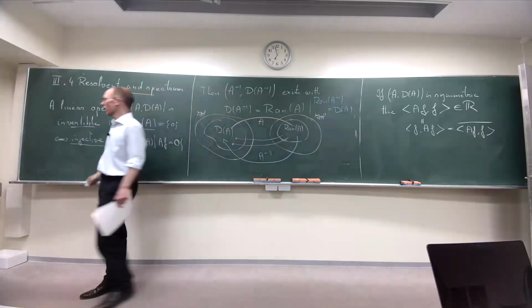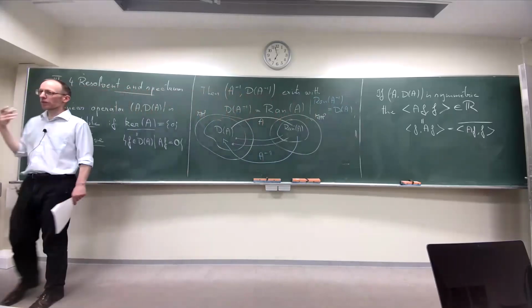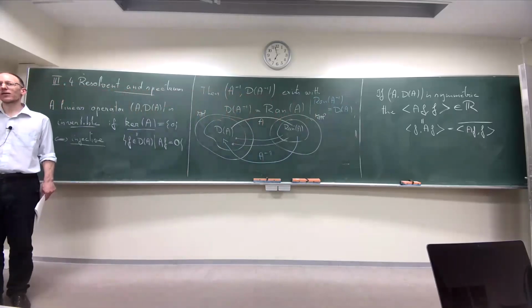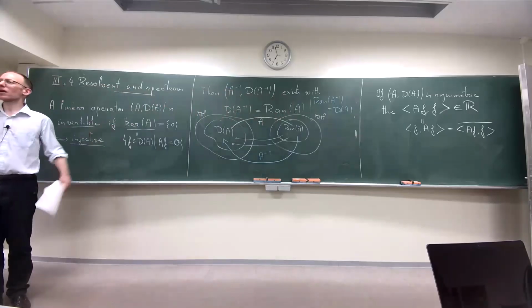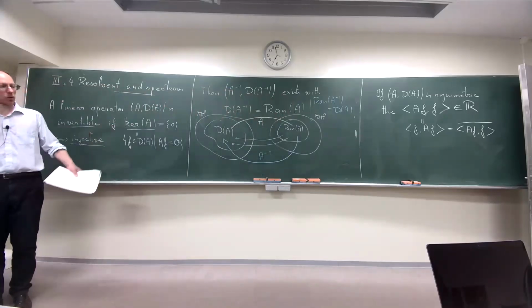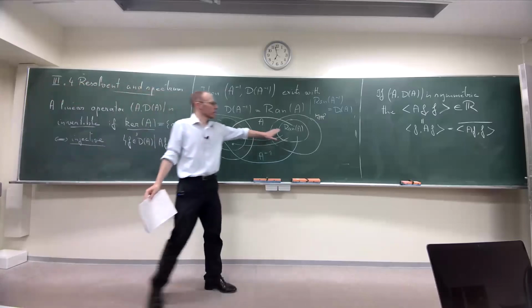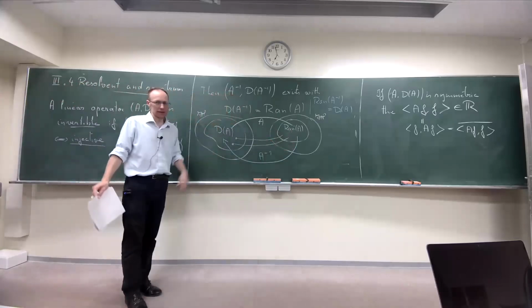This is the same story as for bounded operators. But when I spoke about bounded operators, I did not have this notion of unbounded, so I couldn't say maybe the inverse is unbounded. Now we know what is an unbounded operator. No problem. It has a domain, and you define it like this.